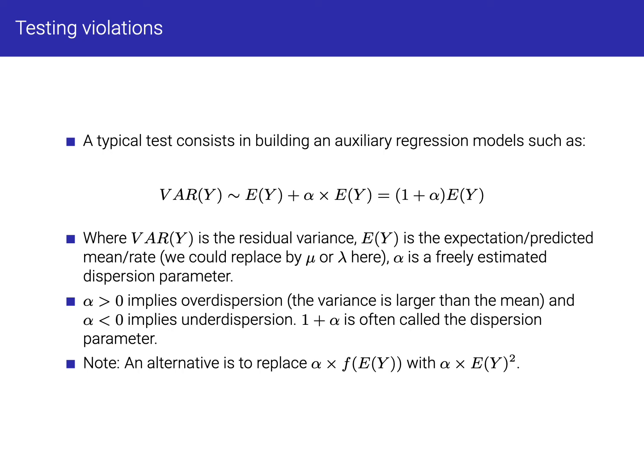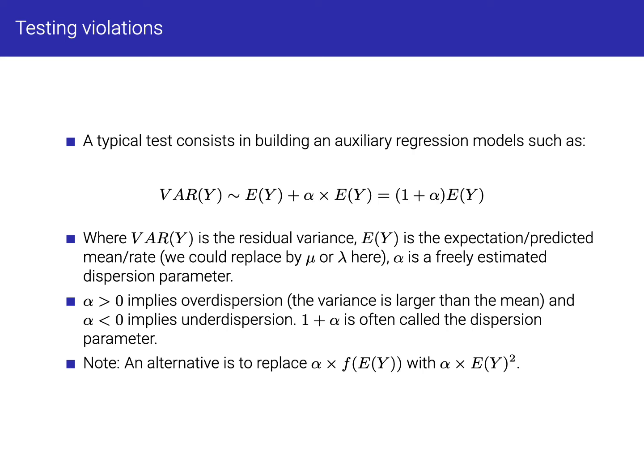But here instead, we build an auxiliary regression model of the variance, where the variance is predicted by the expectation. So far so good, right? That's what it's supposed to be, equidispersion. But it's not only the expectation directly, it's the expectation plus some constant, some number, alpha, times the expectation.